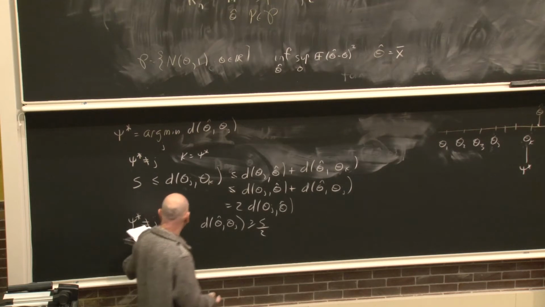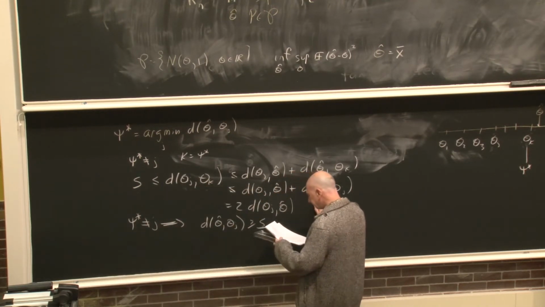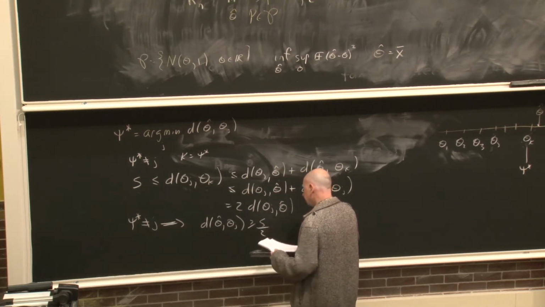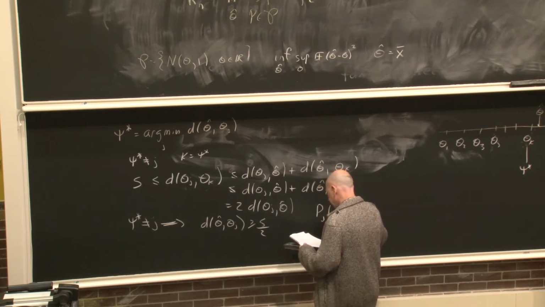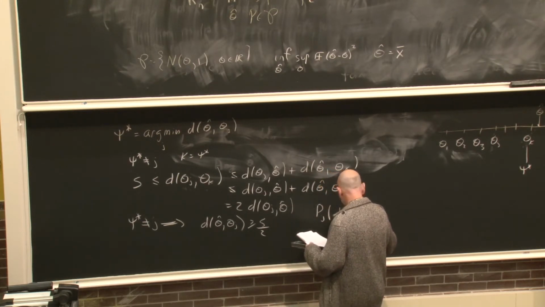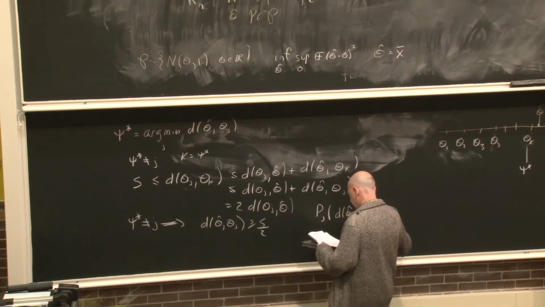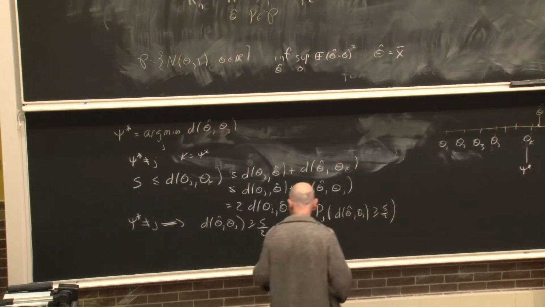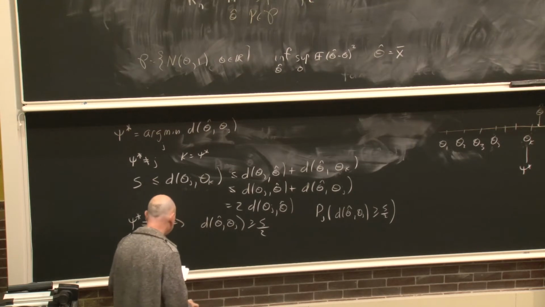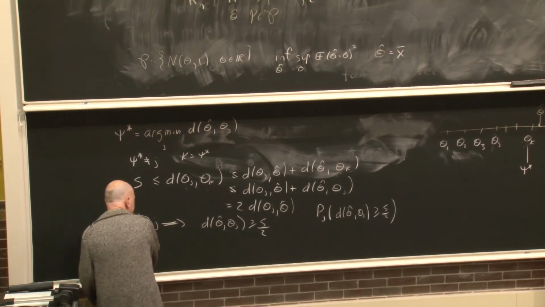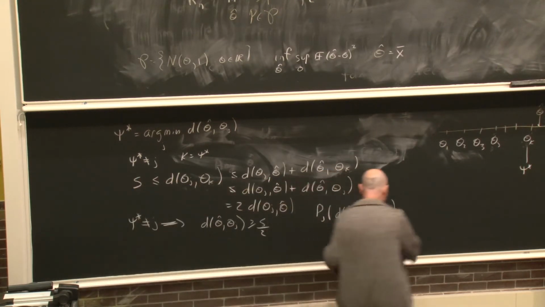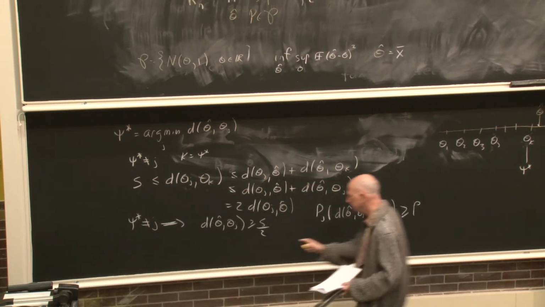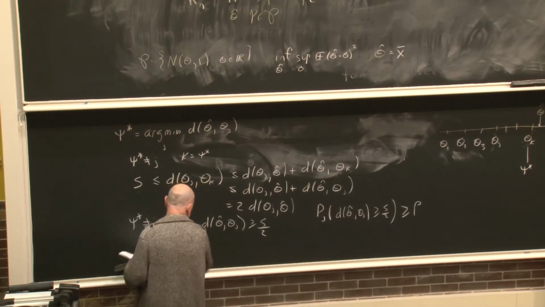Okay, so in other words, the probability that the distance between theta hat and theta j is bigger than or equal to s over 2, this event implies this event. So the probability of this is bigger than or equal to, this implies this. This event is contained in this.